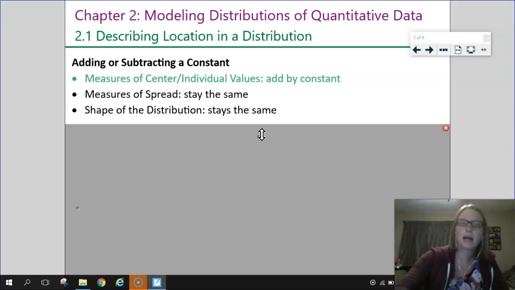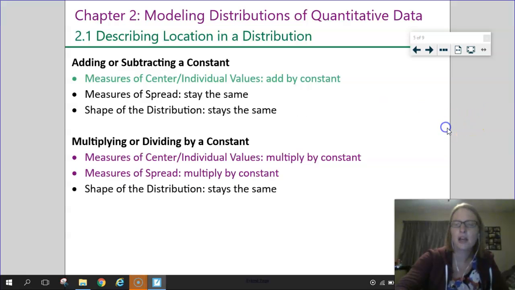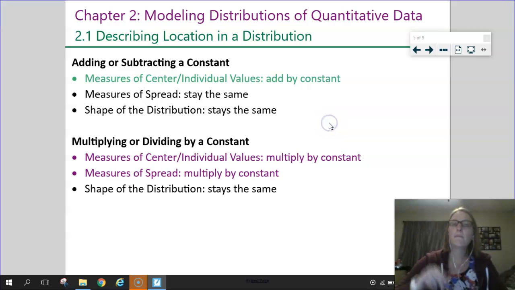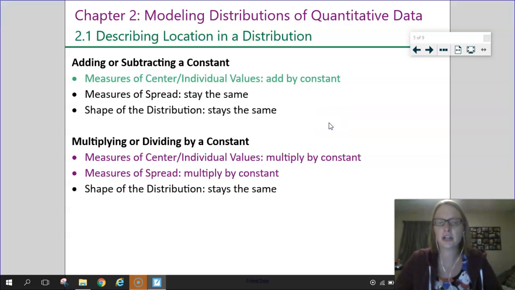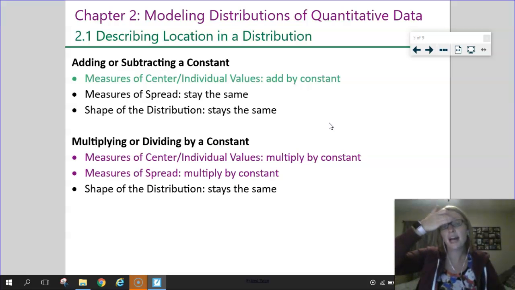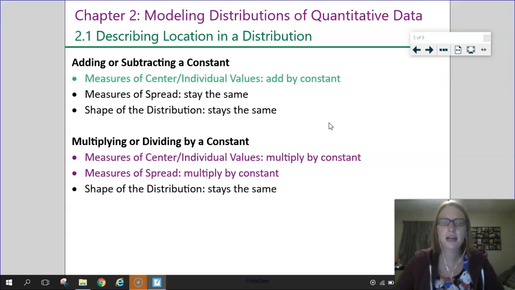When I multiplied, or the same thing would have happened if I divided by a constant, both things changed. Both the center or individual data values multiplied by that constant, as well as the measures of spread also multiplied by that constant. However, in both situations, the shape of the distribution, whether it's symmetrical or skewed, will stay the same.